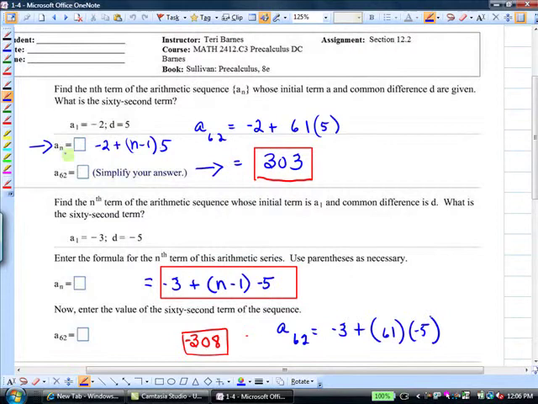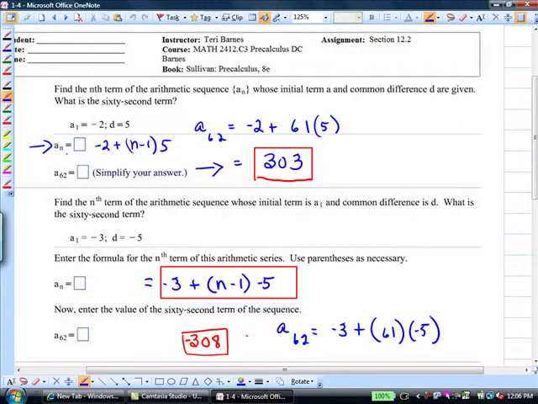Okay? So a sub n is a sub 1, which is negative 2, plus n minus 1 times the difference, which is 5. So that's what has to go in the first box. That's what a sub n is. You're just using the stuff they gave you and put it in that formula that I gave you on the first page.